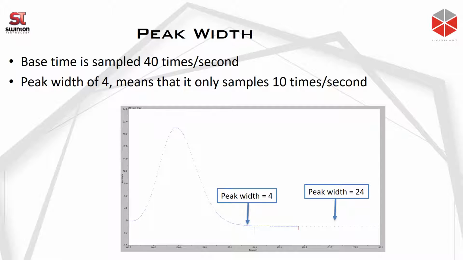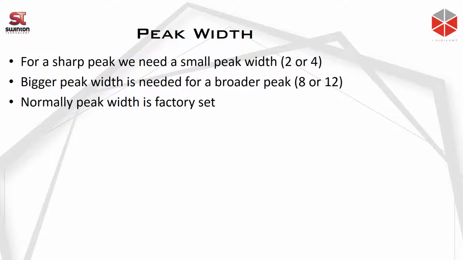This is normally set in the factory, and it's just something that is good to know, because a lot of times you see this event in the GC and wonder what it means. So again, the rules about the peak width: for a sharp peak, we need a small peak width; for a bigger peak, we need a broader peak width, which is 8 or 12, and it's normally set by the factory.